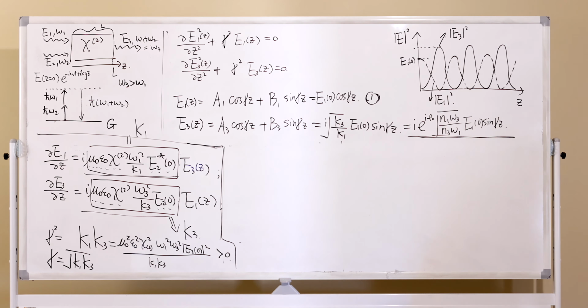So after the parametric amplification, your material stays exactly as its original state. This is because the energy is supplied by the optical light instead of the material itself, right? So the key of the parametric amplifier is that it doesn't change the state of the material.